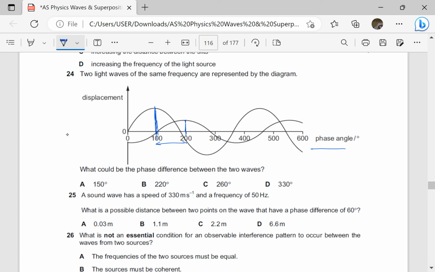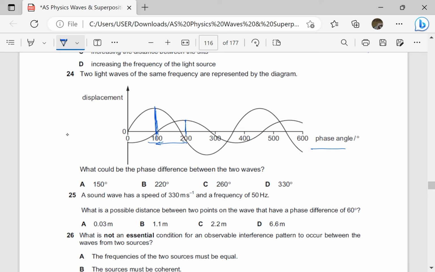Okay, so here we have 100. If I consider this at 100 degrees, the particle here is vibrating downwards, but this has reached equilibrium.